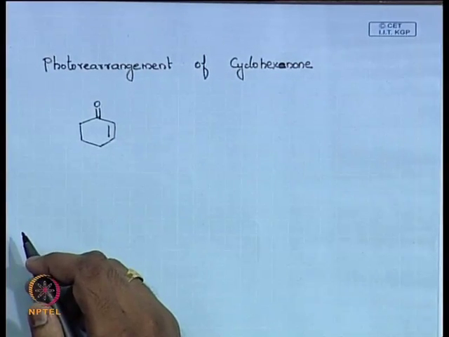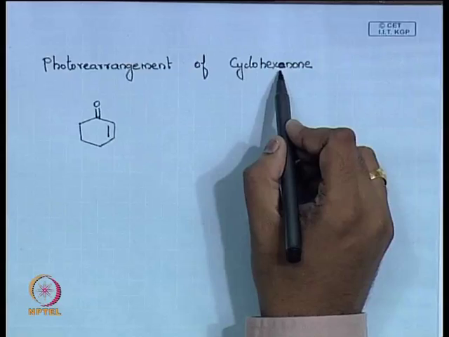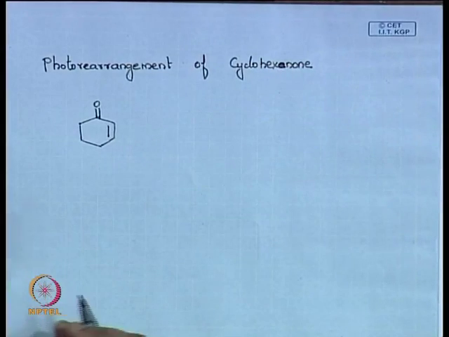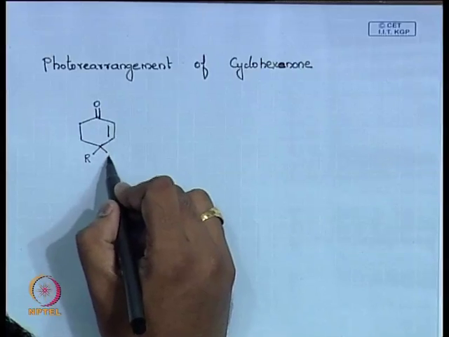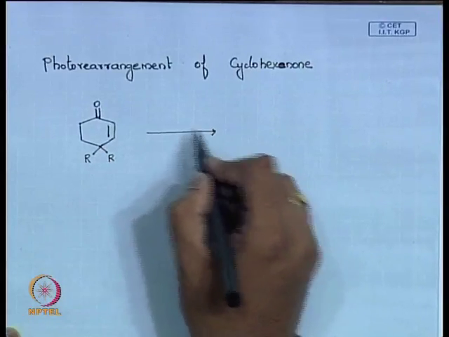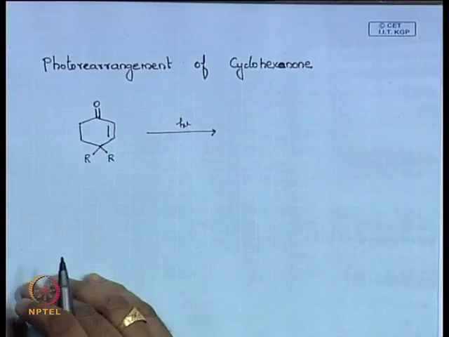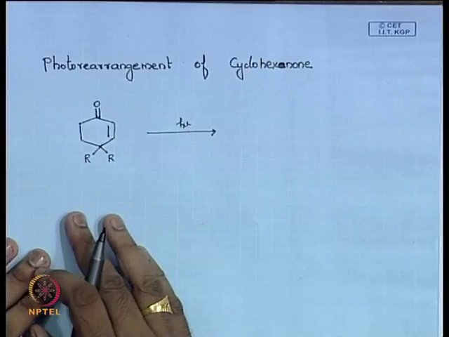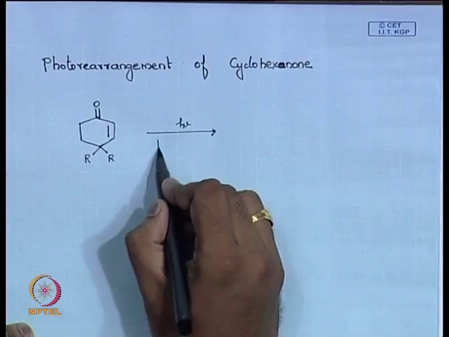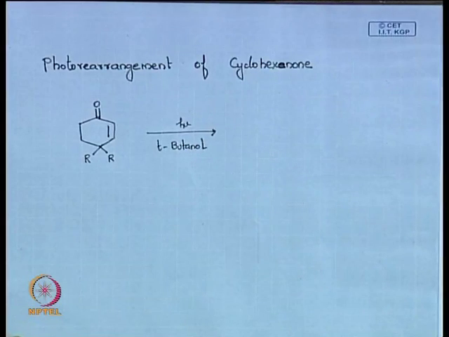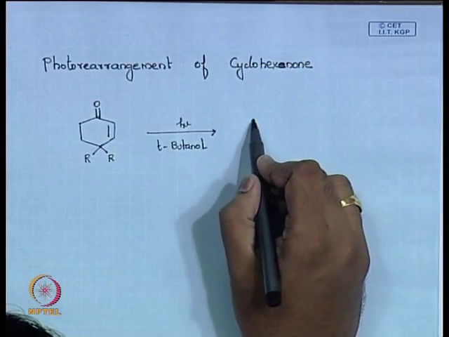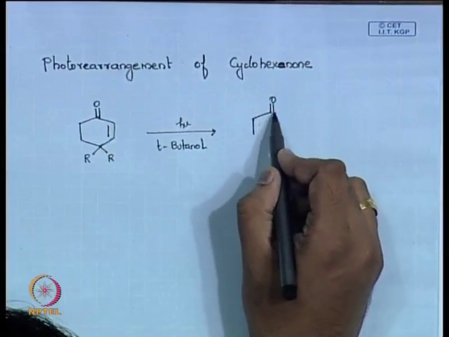It is a cyclohexenone. If you photolyze this, in this case the solvent plays an important role. If you photolyze in the presence of tertiary butanol, you get a very nice rearrangement.